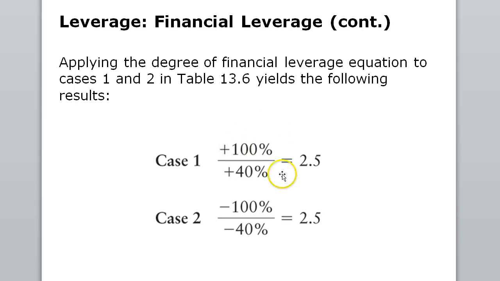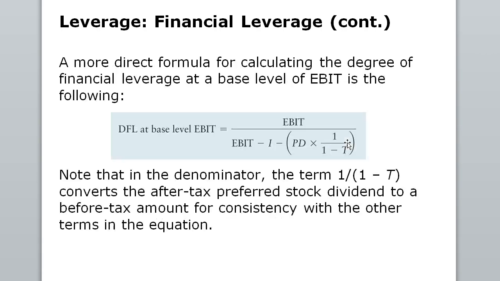That shows us a financial leverage in either direction, increasing EBIT or decreasing EBIT, and we get a 2.5 degree of financial leverage. Now we can also calculate this using other variables. We could take a more direct formula: the EBIT divided by EBIT minus interest, times the preferred dividend.